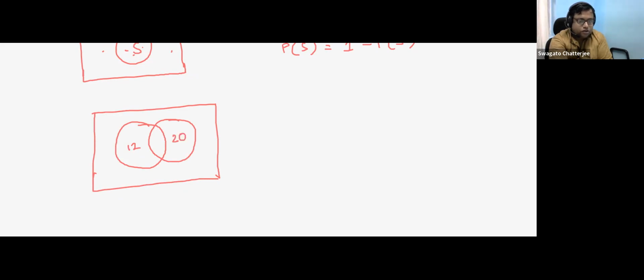Out of that, 5 are men wearing spectacles and 12 are men not wearing spectacles. There are 20 people here and around 7 people here. The first is men and this is spectacle.